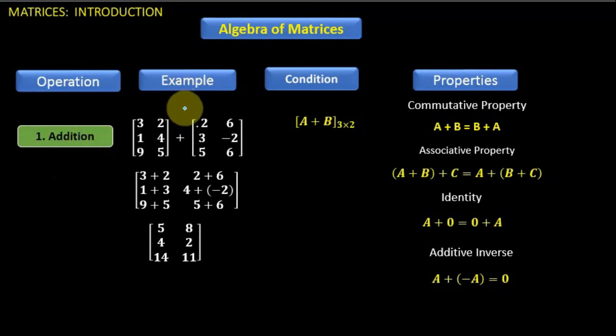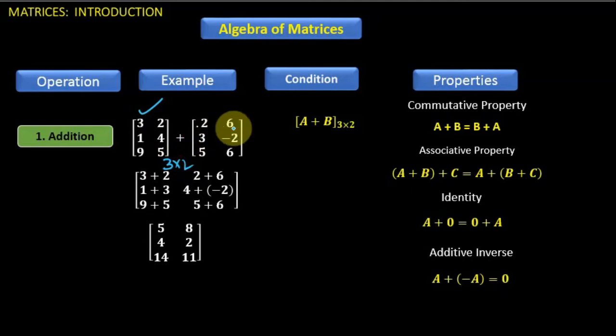I took an example here, but before that, the main condition required to add any matrices is that the order must be the same. If you observe here, the order of my first matrix is 3 rows and 2 columns, 3 cross 2.